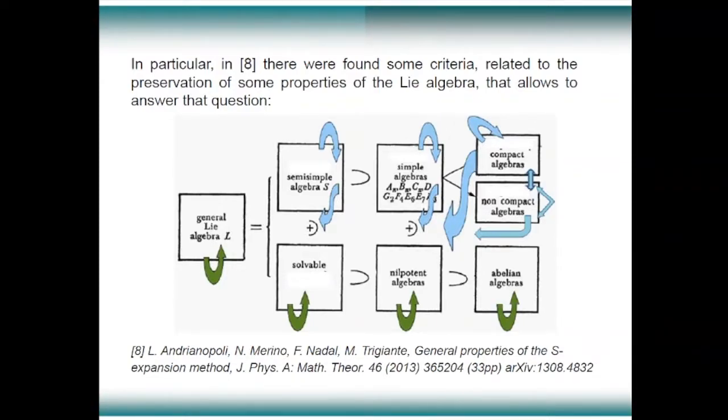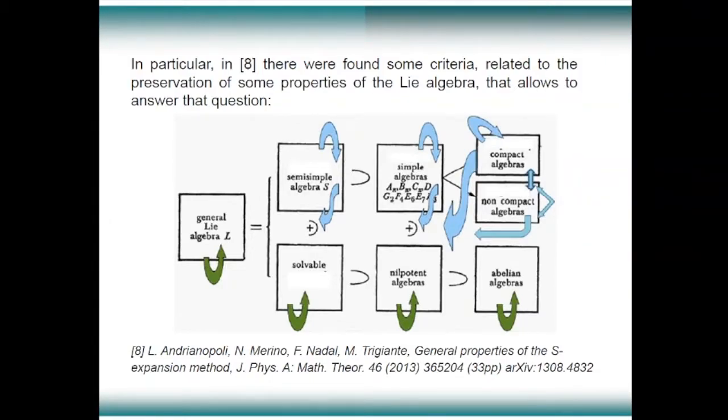If you perform an expansion of a general Lie algebra, you get a general Lie algebra. And if by a solvable, you get a solvable one. But in the other cases, you can get a semisimple and return a semisimple, or you can get out and get a general Lie algebra. So it's also interesting to study.